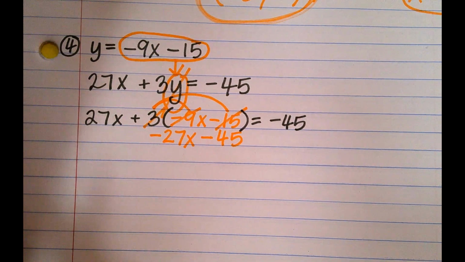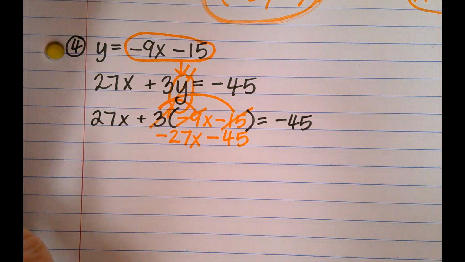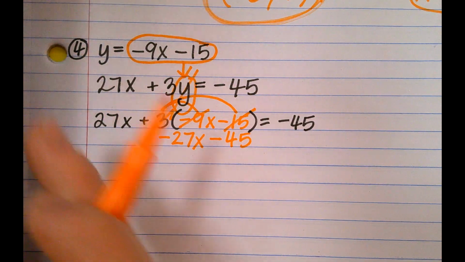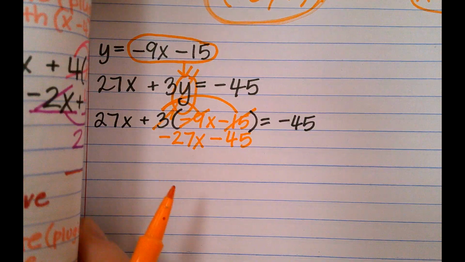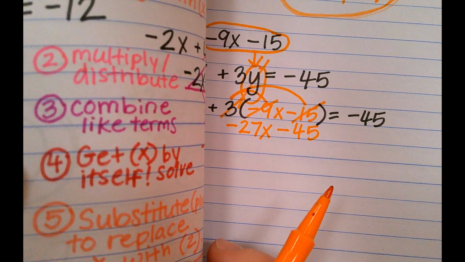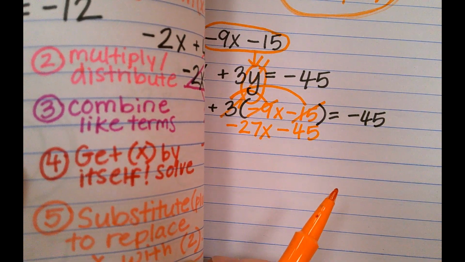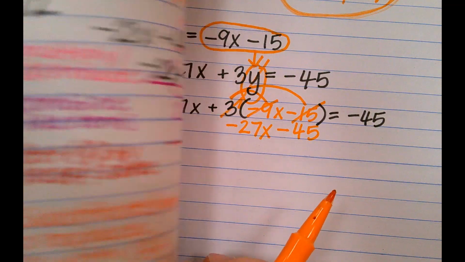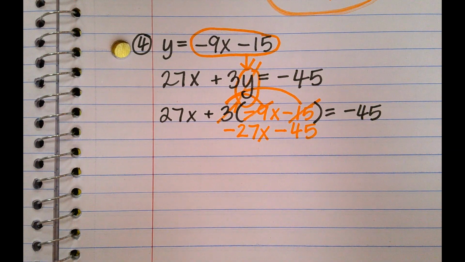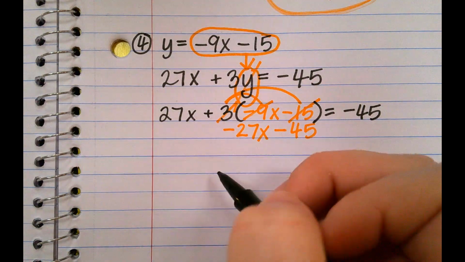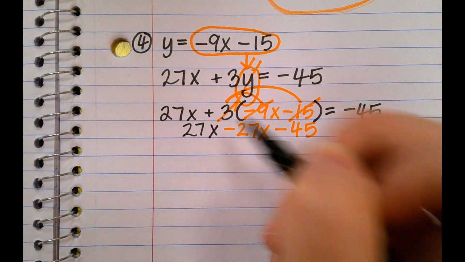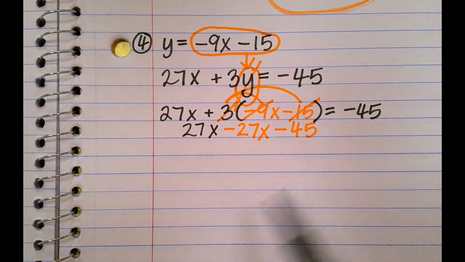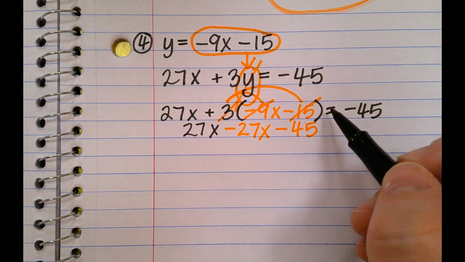So now we want to think about step 3, which, looking back at my notes, says combine like terms, after I bring everything down, of course. So I'm going to bring this down, 27x. We already have minus 27x, minus 45.